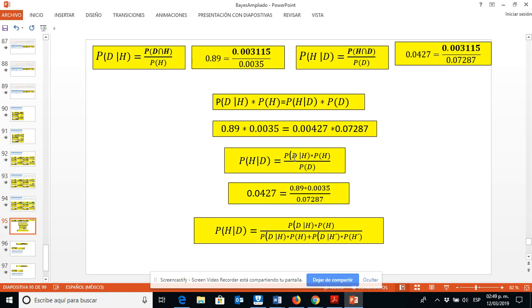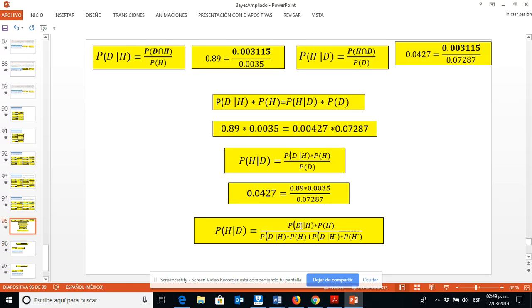The conditional probability is 0.89, and the marginal probability of D is, like we can identify here, 0.07287, which equals 0.0427. Now, we have another form of the Bayesian theorem, which looks a little bit more complicated, but we are in the position to use it.